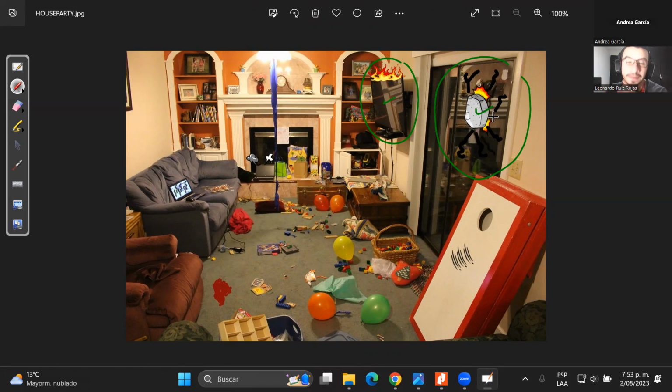Excellent. The window is cracked. What is the red object? It's a table, a table upside down. The table is scratched. The table is scratched. Muy bien, very good. Good.